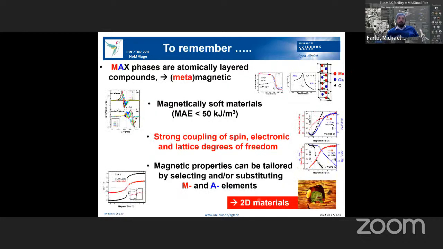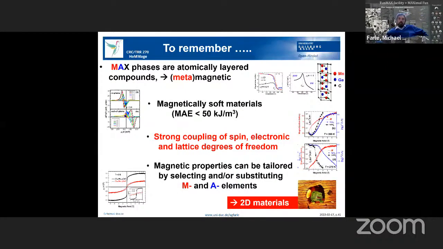And what you might want to remember is, first of all, MAX-phase materials are just great. That should be stuck in your head. More precisely, they are atomically layered compounds. They are magnetic, maybe metamagnetic. There's a rich playground with many options. In general, they are magnetically soft materials so far.